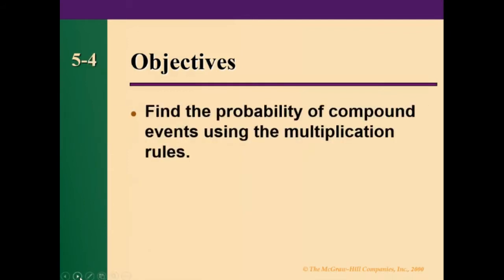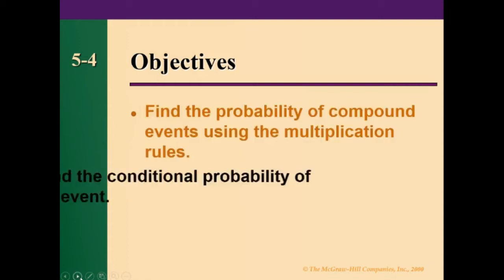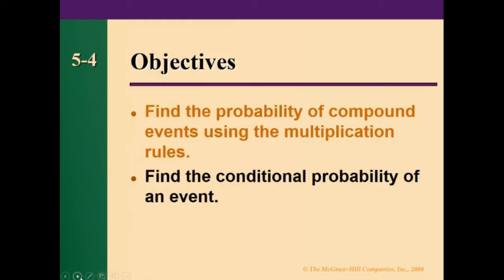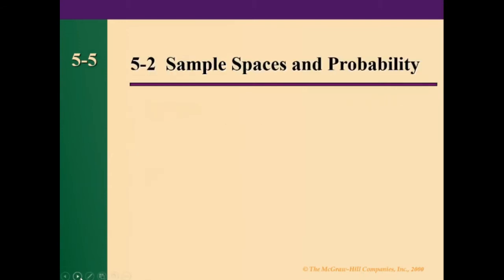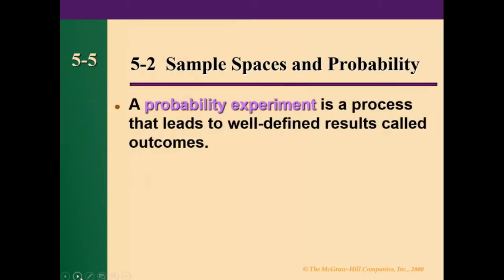Also, we're going to find the probability of compound events using the multiplication rules, and find the conditional probability of an event. Okay, so now let's proceed to sample spaces and probability.